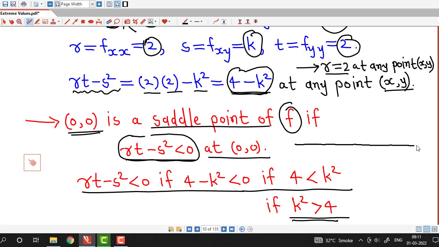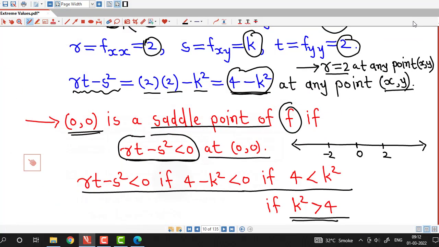So we can decide these values of k. For example, suppose this is the real line, this is value 0, suppose this distance is 2, then here we have 2 and here we have minus 2. So if our k is somewhere here on the right side of 2, if we consider k which is greater than 2, then k square will be greater than 4.